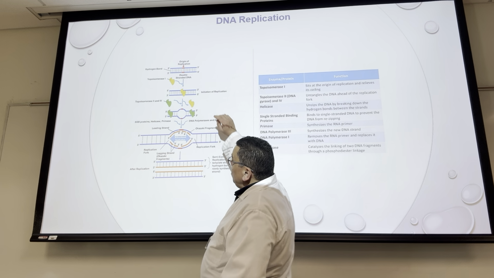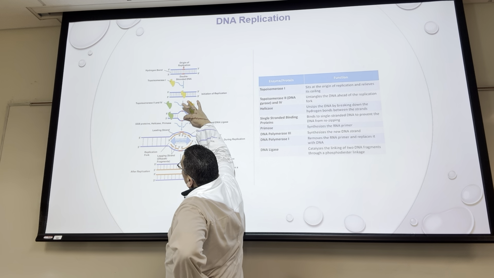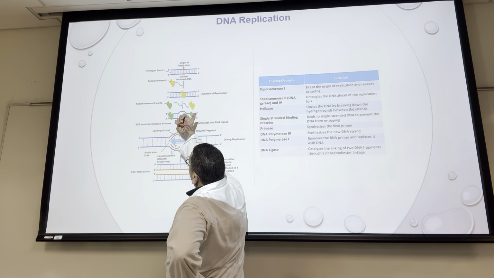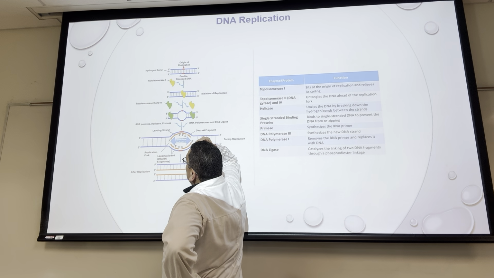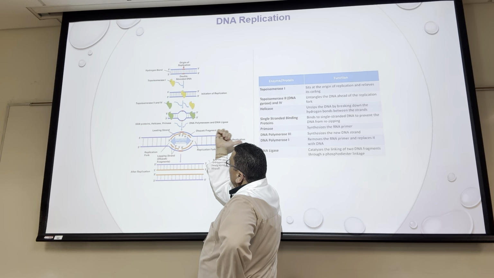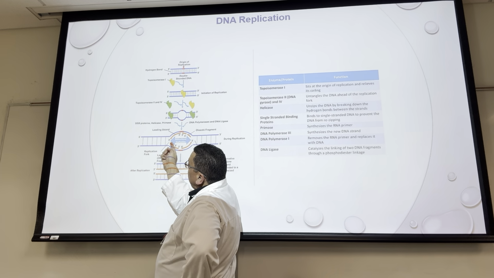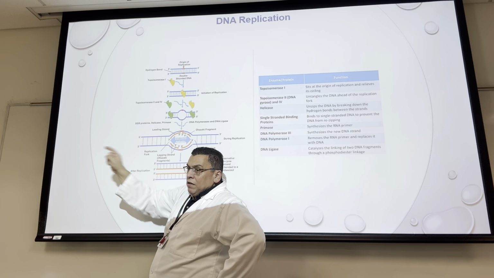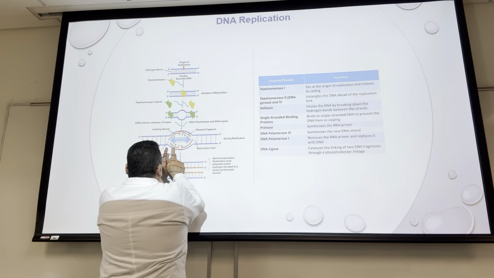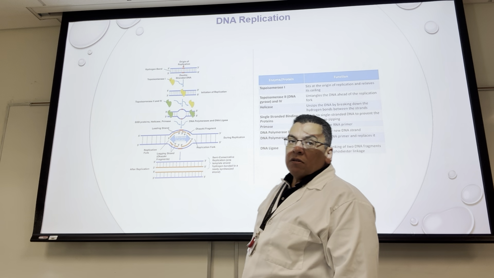When it bubbles, look up here, please. This V-looking shape here, going this way, is a replication fork. You can see it better here. That's a replication fork. And this one here is another replication fork going that way. So it creates two replication forks going in both directions.